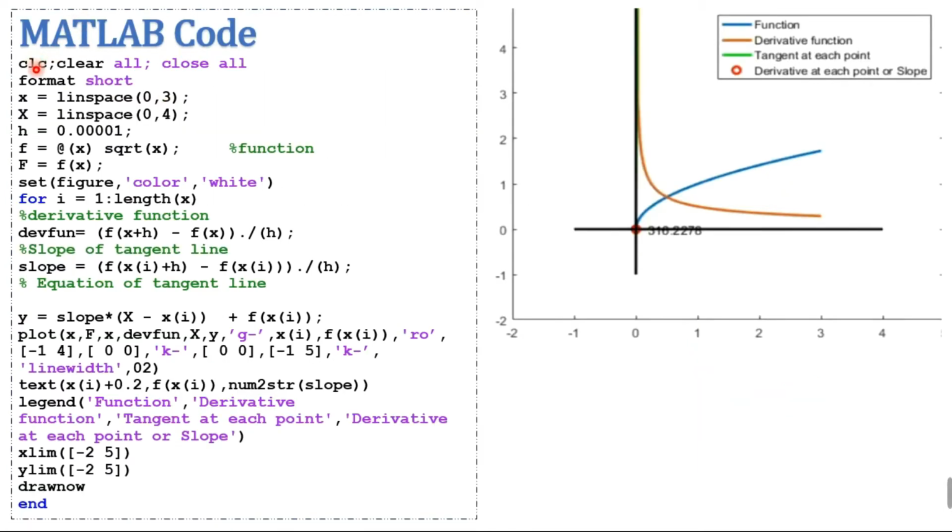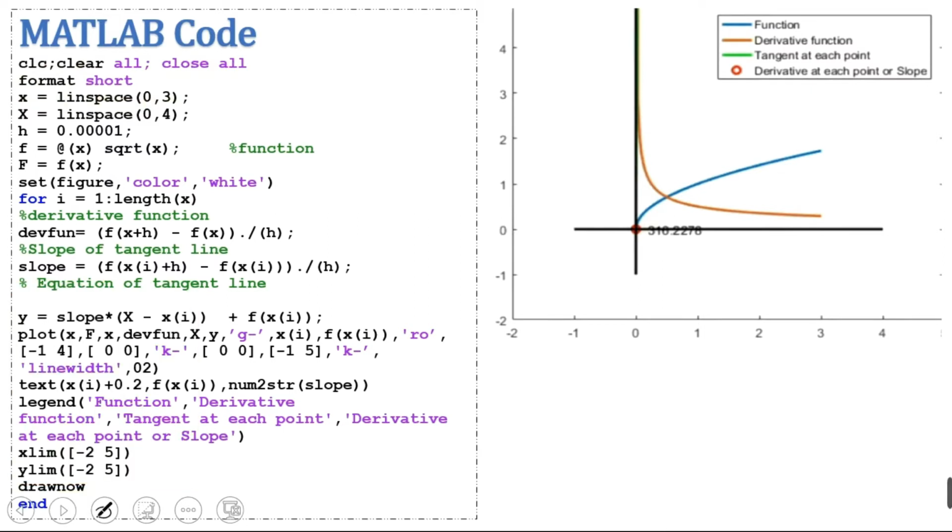Matlab code. This is the initial command: clc, clear all, and close all, to clear the screen, clear data, and close all figures. Here is the format short command, and x is equal to linspace 0 to 3. This is the domain of x.